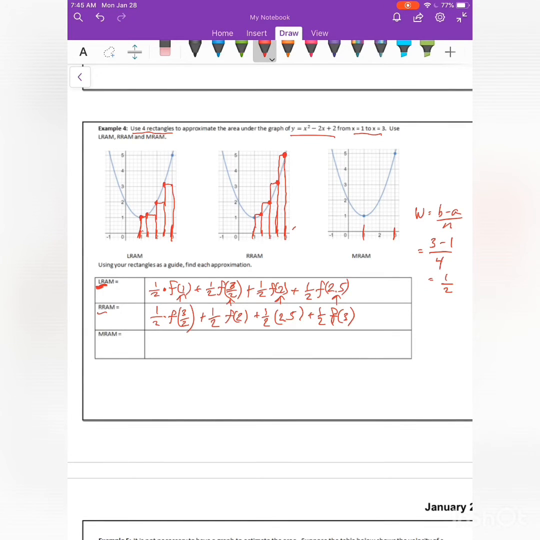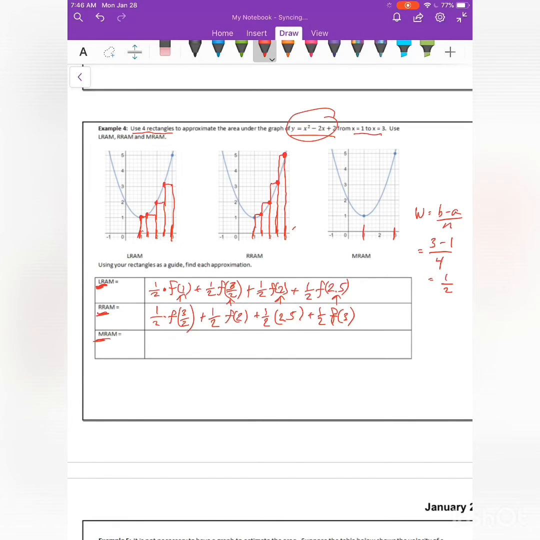Okay, and actually each one of those f of 1, f of 2, f of 3, all these can actually be figured out because we have the function. So we'll be plugging those into the calculator to find those a little bit faster. So we'll give you a little bit of a tutorial how to do that quickly when we get back.